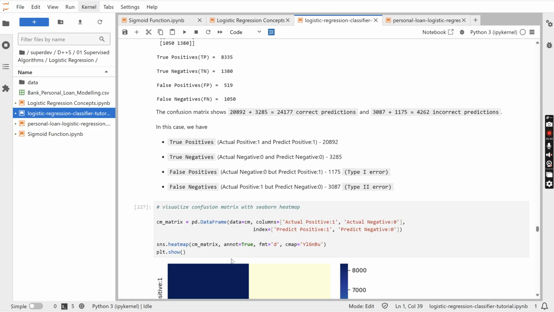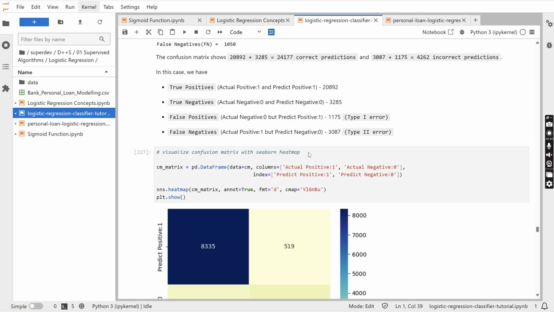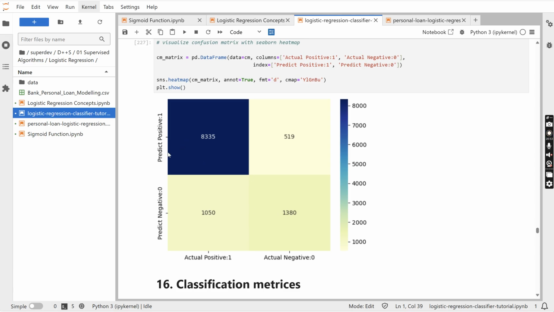We have formulae for each one of these, and I will talk about this in the recall and precision part. But for now, just get this right: if you are using y test first, make sure your actuals are on the x-axis. This is how you can calculate how many were obtained correctly versus incorrectly.